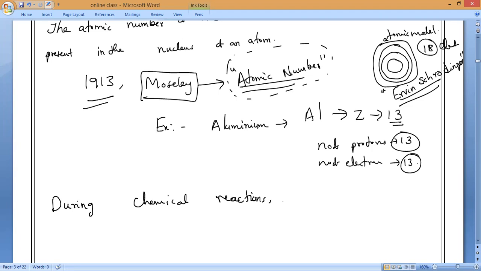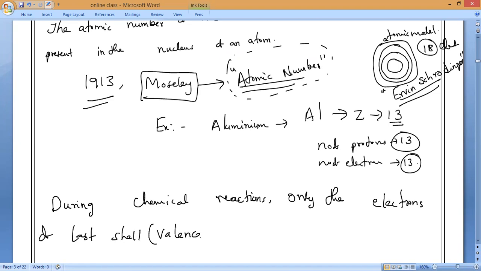During a chemical reaction, only the electrons take part, and those too only from the last shell, the valency shell alone.